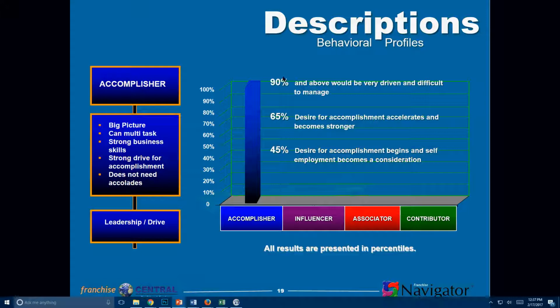On the other hand, conversely, if they're at the 90th percentile or higher, then entrepreneurship in a franchise is not a good idea. And I cringe every time I see in the publications an ad for franchisees that says entrepreneurs wanted.